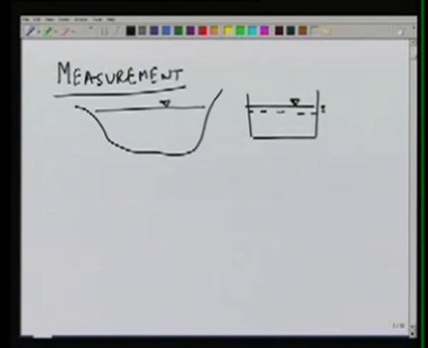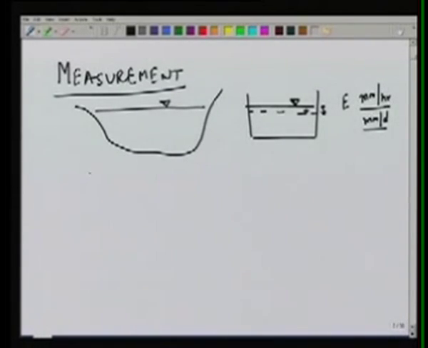This will give us an idea about the depth of evaporation, and then knowing the time, we can find out the rate of evaporation in, let's say, millimeter per hour or millimeter per day, whichever units are convenient.